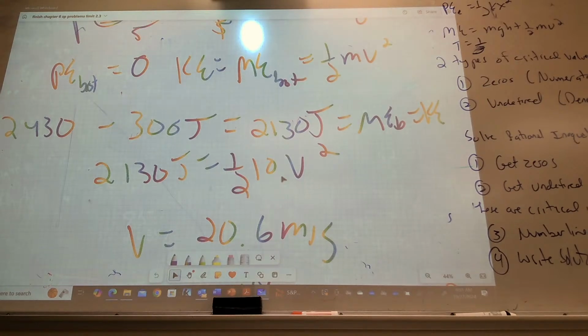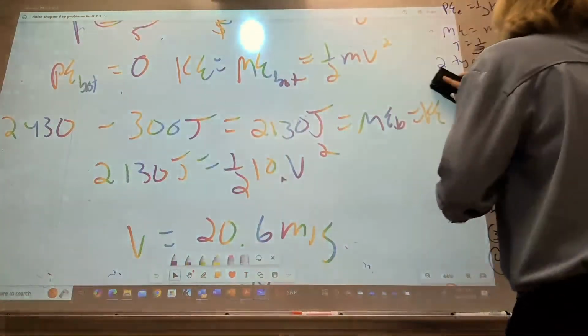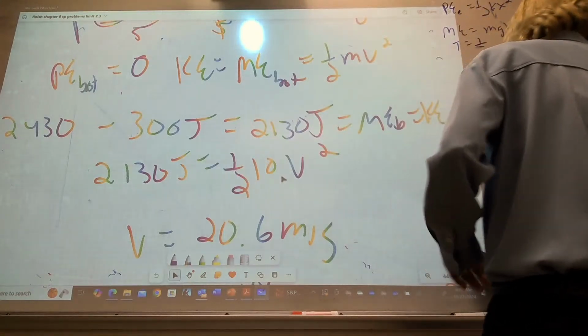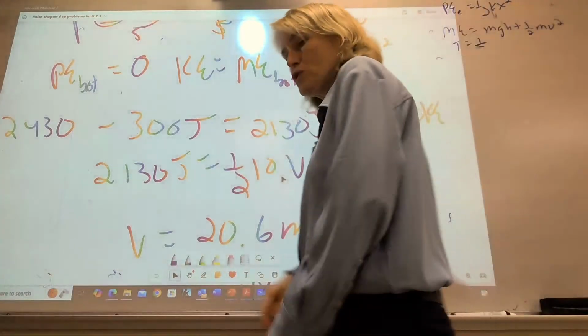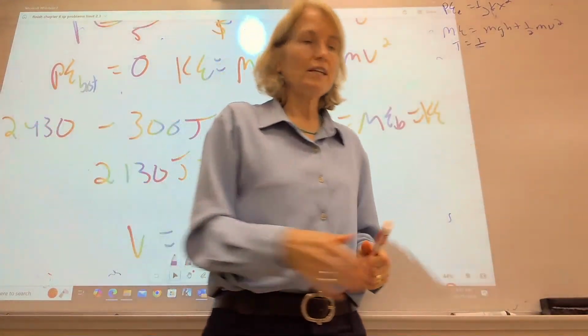Okay, now I started in some of the videos the whole work kinetic energy theorem. So let's talk about that. We spoke about how our work is our change in kinetic energy. So this is used for something moving flat on the ground, because you only have kinetic energy.